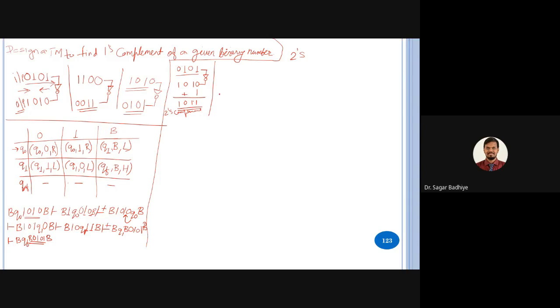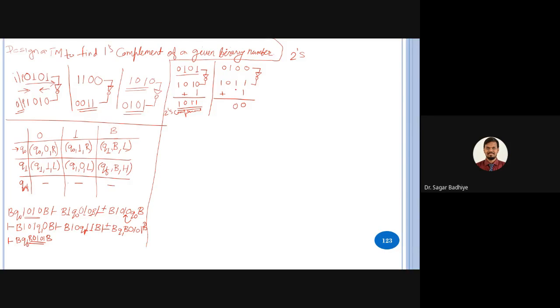Similarly, if the input is 0100, let's obtain the two's complement of 0100. For that, you would again convert it to one's complement, so it would become 1011, and then you would be adding 1 to it, right? So this would become 1 and 1. 1 XOR 1 is 0 with the carry 1, right?